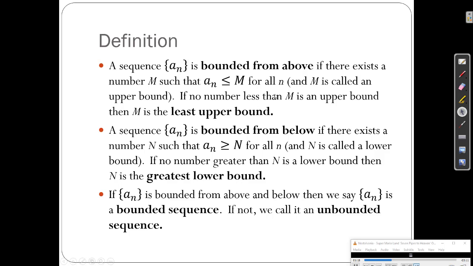If there is no upper bound that is less than m, then m is called the least upper bound. Similarly for bounded from below, greatest lower bound. It's basically the same thing, it's just you have something bounding the bottom of it instead of the top of it. If a sequence then is bounded both above and below, we call it a bounded sequence. And if it lacks either bound, an upper or a lower, we call it unbounded.